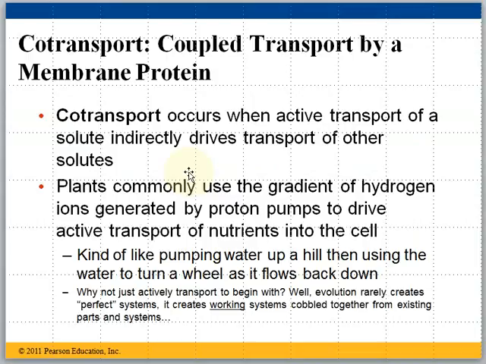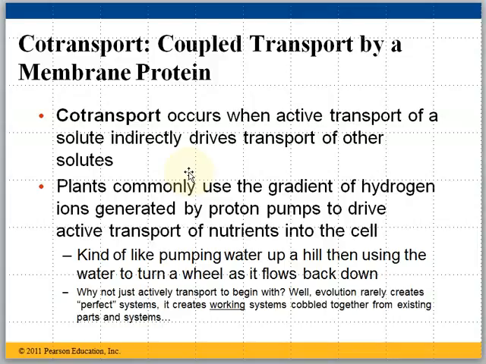It's kind of a more lengthy, complicated way of moving material across a cell membrane. And co-transport happens when the active transport of a material indirectly drives the transport of another material. So the active transport of moving one product in and out also allows another one to kind of piggyback or hitchhike along and come in and out as well.